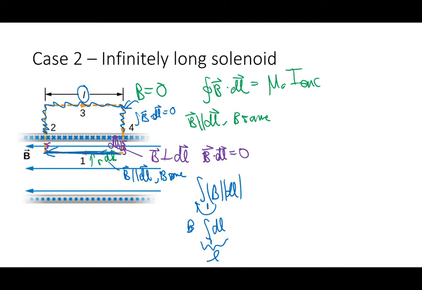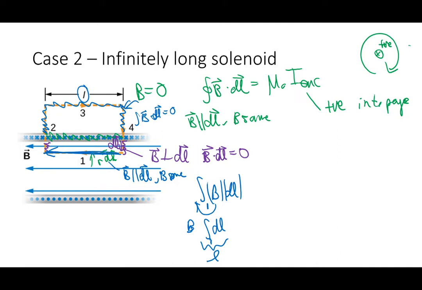For your current density, for the current enclosed, you're looking at all these wires inside. They're all positive, because they're into the page. For a right-hand rule, if we're integrating this way, then this is positive into the page. Your thumb goes into the page. But we don't have just the one current.